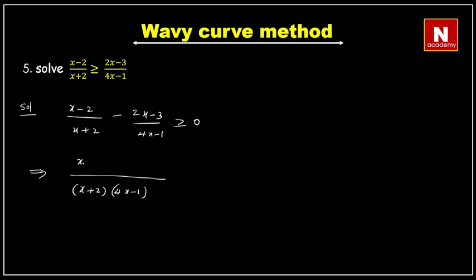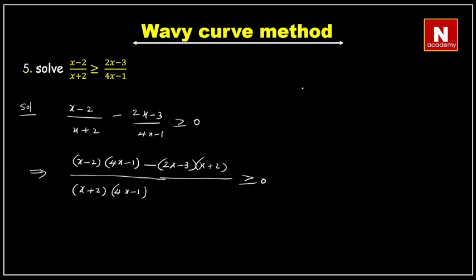Now this becomes (x minus 2) into (4x minus 1) minus (2x minus 3) into (x plus 2), greater than or equal to 0. Now simplify the numerator, multiplying these two brackets, and here also.